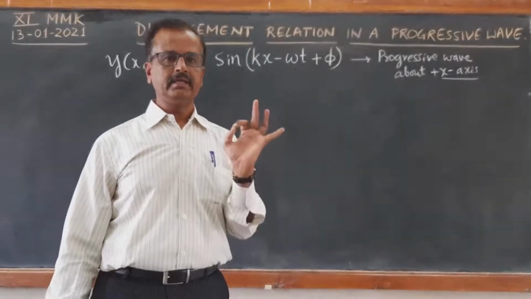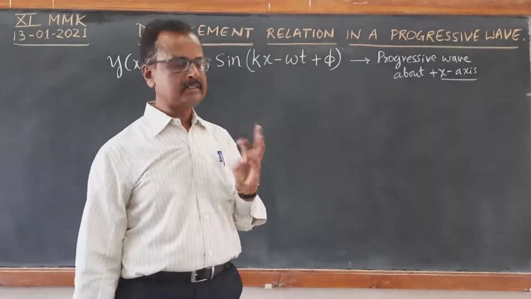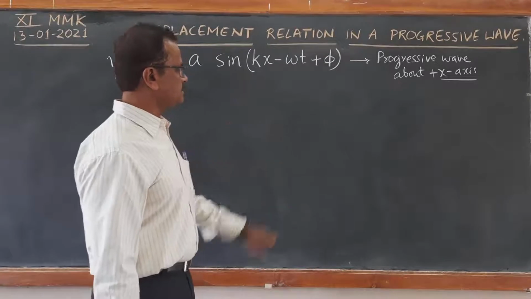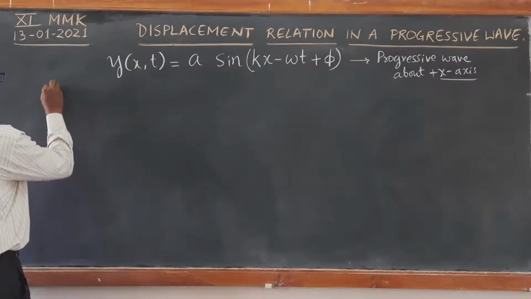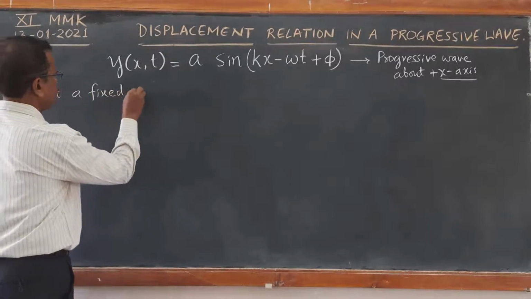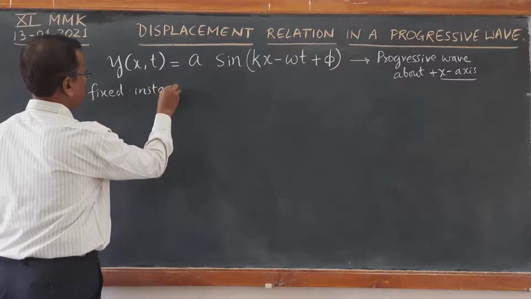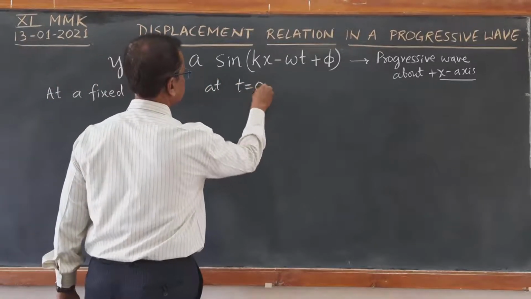Each particle oscillates with simple harmonic motion. So to understand how it represents that, let us say at a fixed instant, say at t equal to 0.